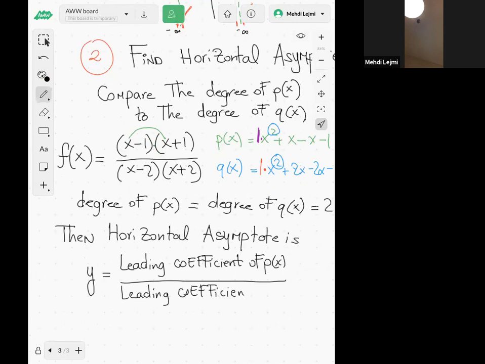So the answer is y equals 1. That's my horizontal asymptote.